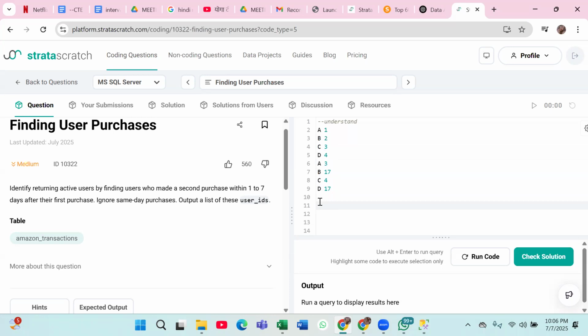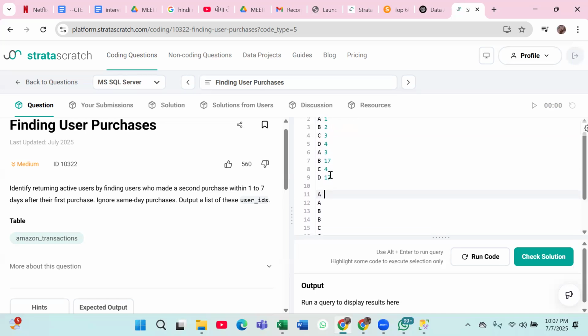So how are you guys doing this? We are just subtracting this with this, right? That's what you are doing in your mind as well. So the same here also we are going to do that. I'll have A together, B together, C together, and D together. Let me write down their purchase dates.